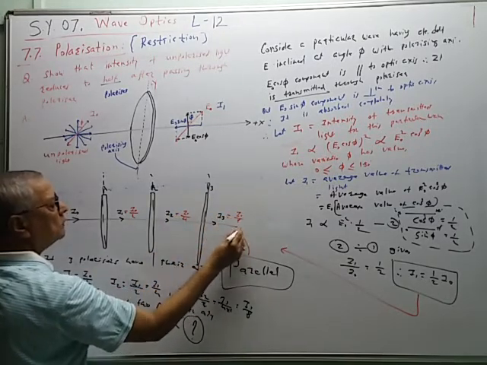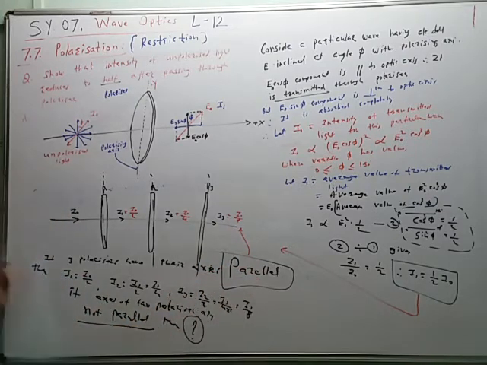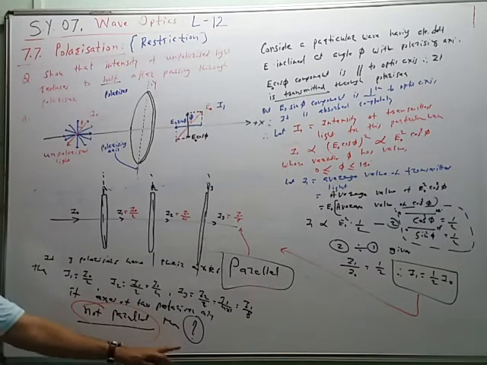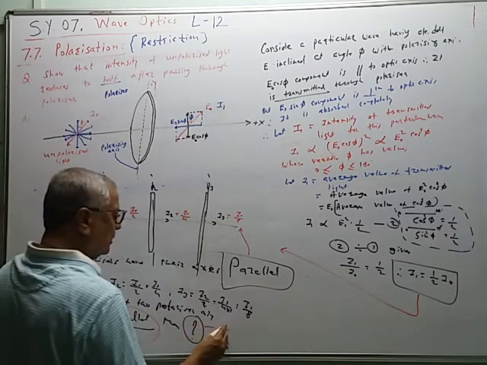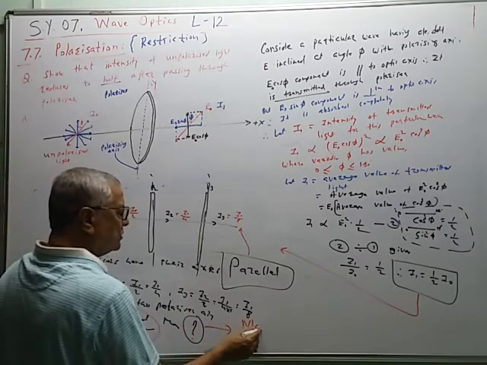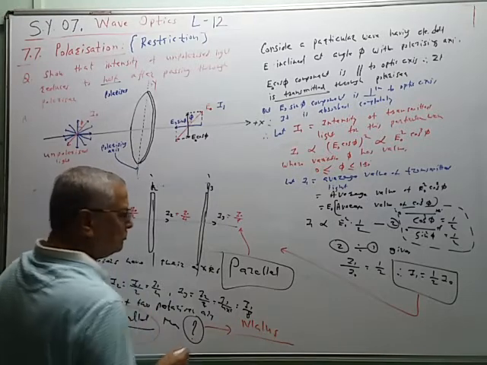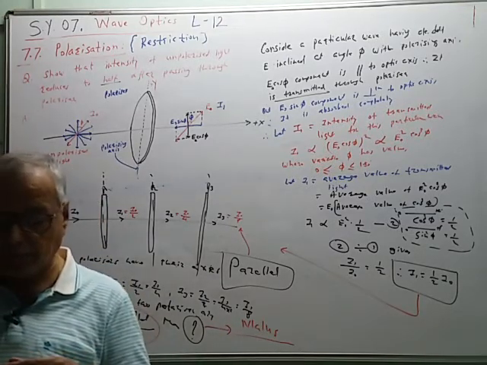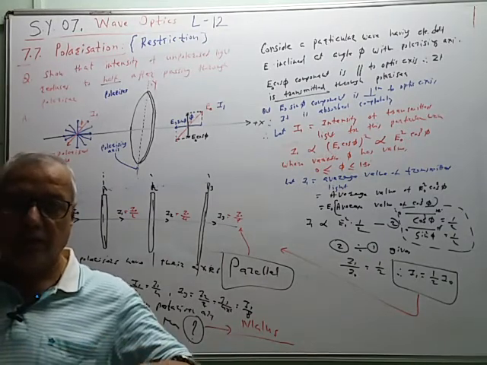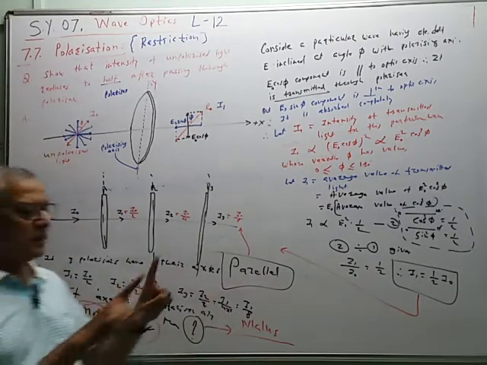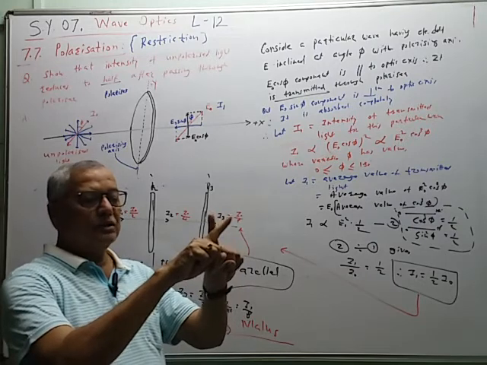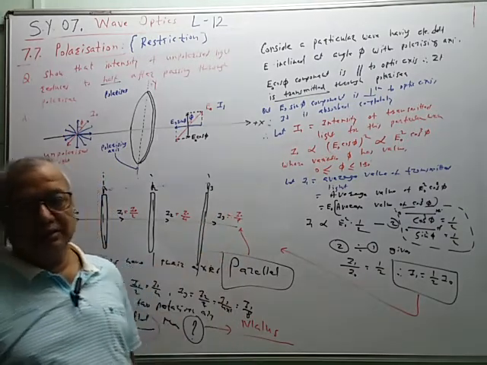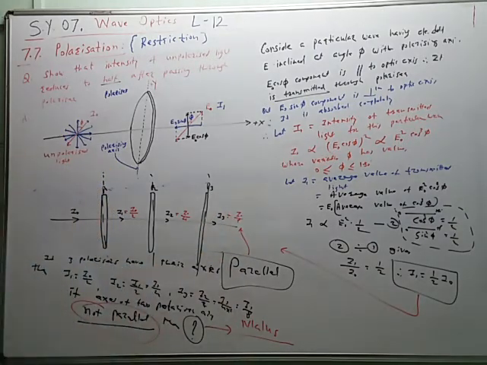But if the axes are not parallel, then what will happen? So this answer was given by the scientist Malus. तो Malus law आपल्याला या ठिकाणी माहिती पाहिजे त्यासाठी. If the two axes are not parallel but they are inclined like this, then what is the transmitted intensity? That's what you see, like this.